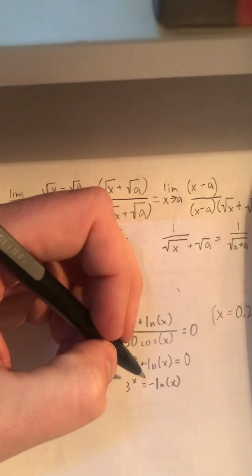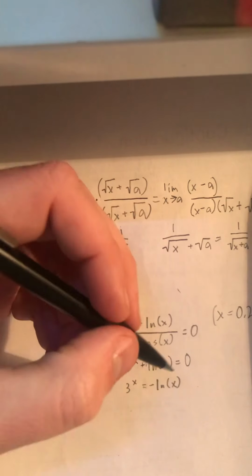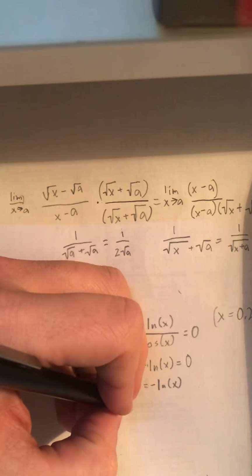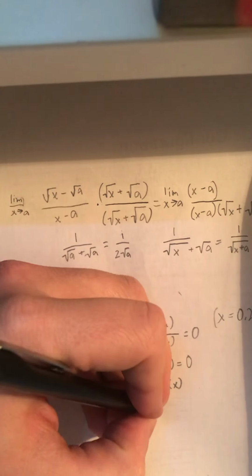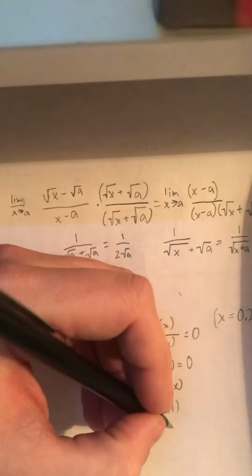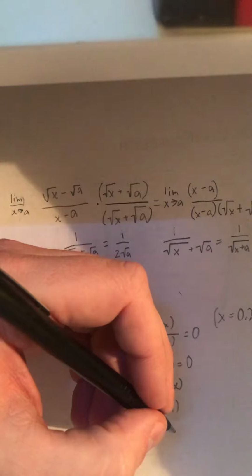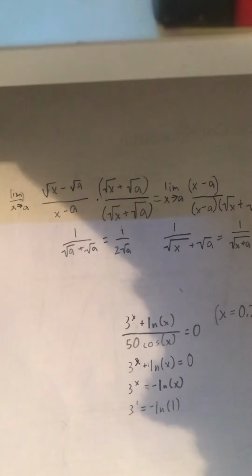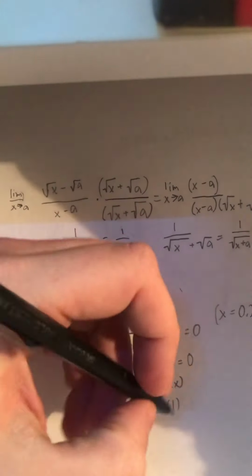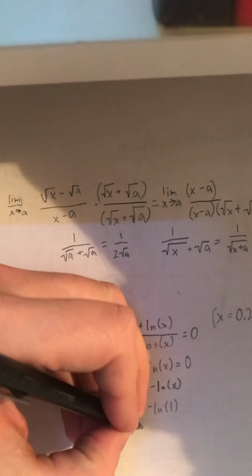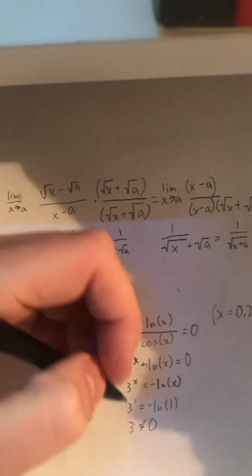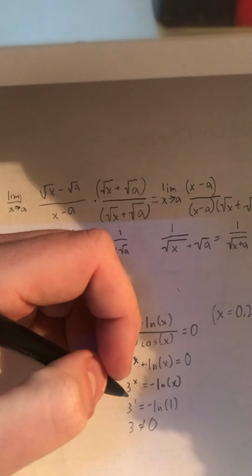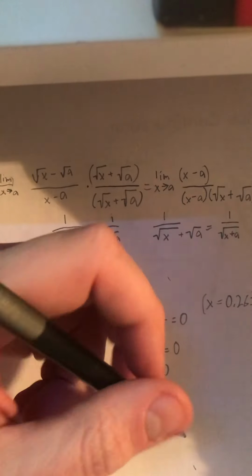Now, if we did 1, so let's do 1 to the 3, it's just 3. And the natural log of 1 is zip. So, we get 3 equals 0, which goes out to 0.